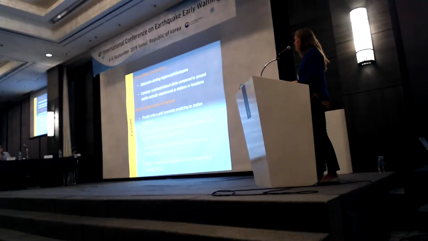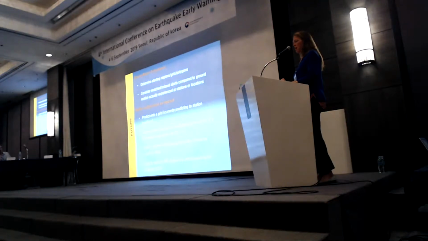So modify some of these configurations, and as Yuki just mentioned, add damping and attenuation. We also don't have any site amplification terms in this version of PLUM, so that's something we want to explore as well. And then ideally, ultimately, get it going in real time on the ShakeAlert systems. That's it. Thank you.